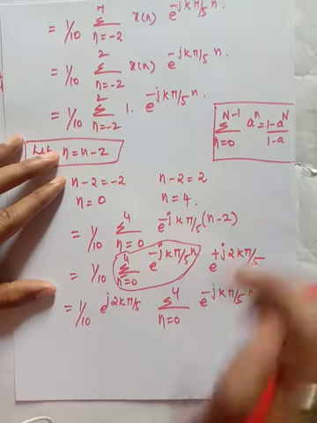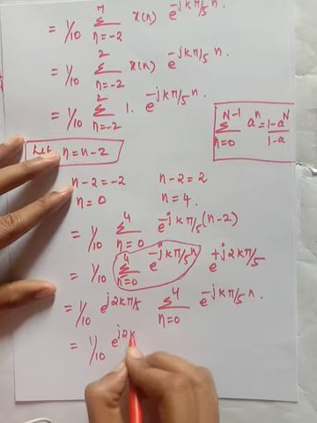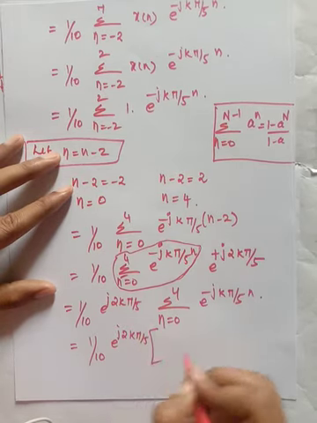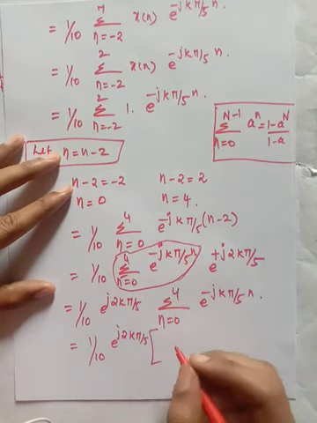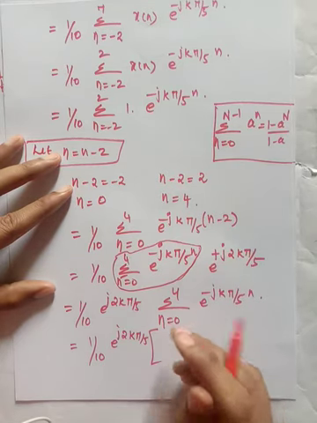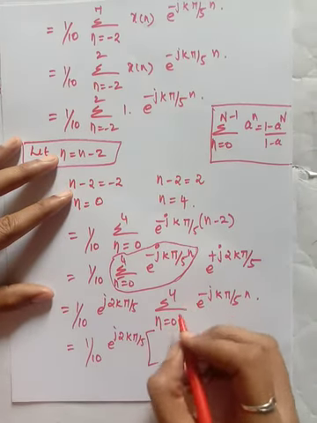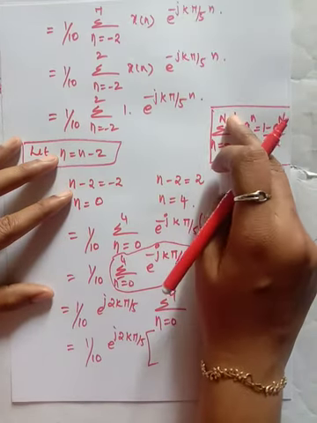Now comparing with this formula, the upper limit is N minus 1, so I need to represent it that way.